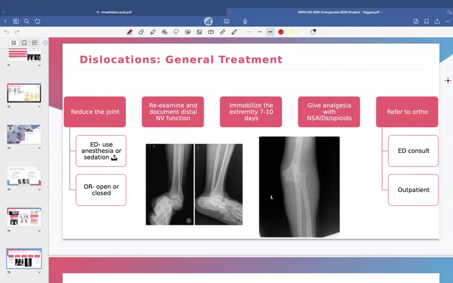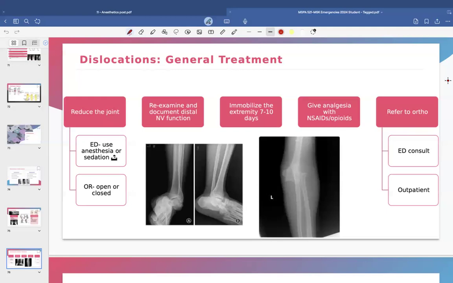Examine and document your neurovascular functions. Get films before and after. Make sure you immobilize them after you've done that, because you need the tissue to rest as well. You can also use anesthesia for sedation, beforehand too, with NSAIDs or opioids.